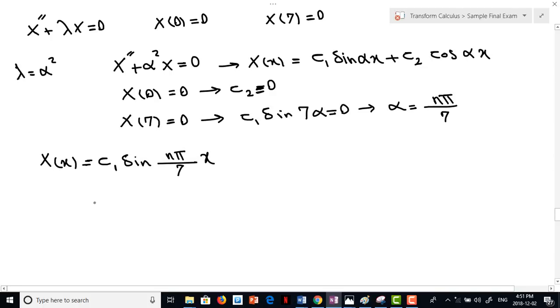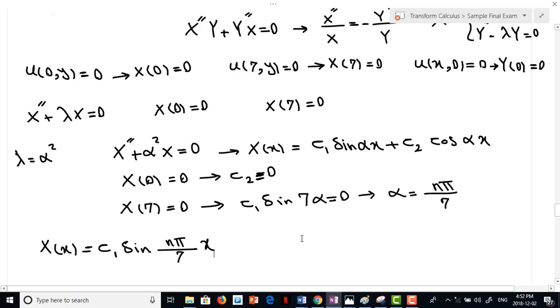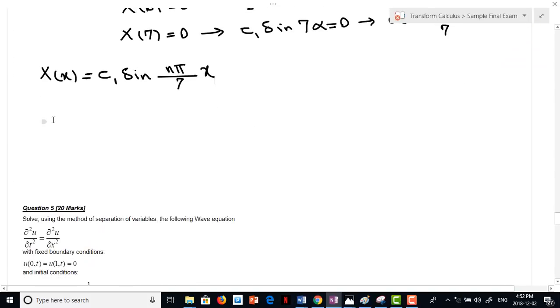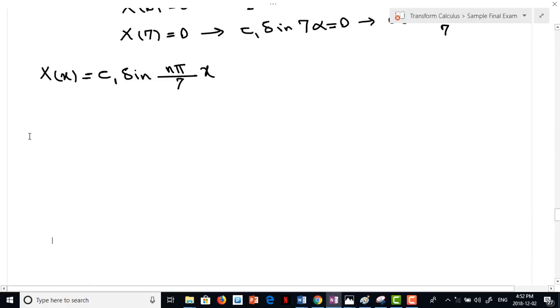Now we have to find Y. In fact, we have to solve the second ordinary differential equation that we have here. So we have y double prime minus lambda y is equal to 0.